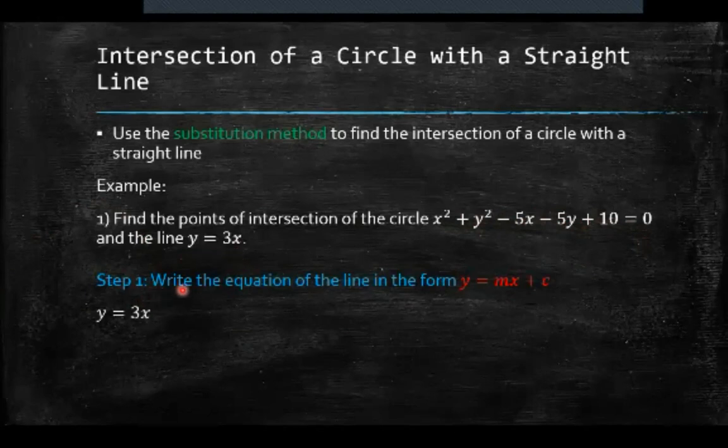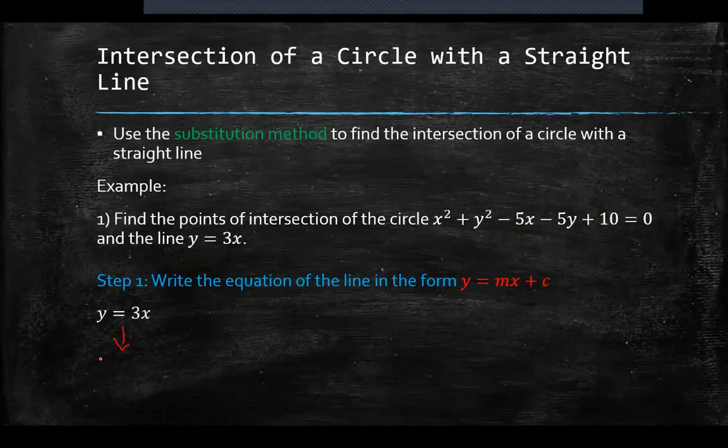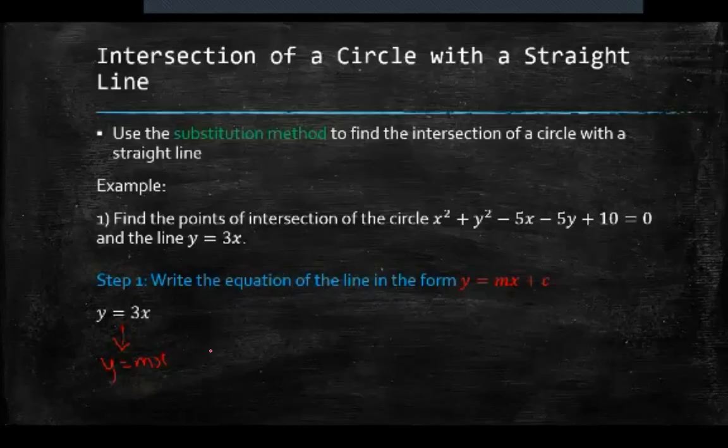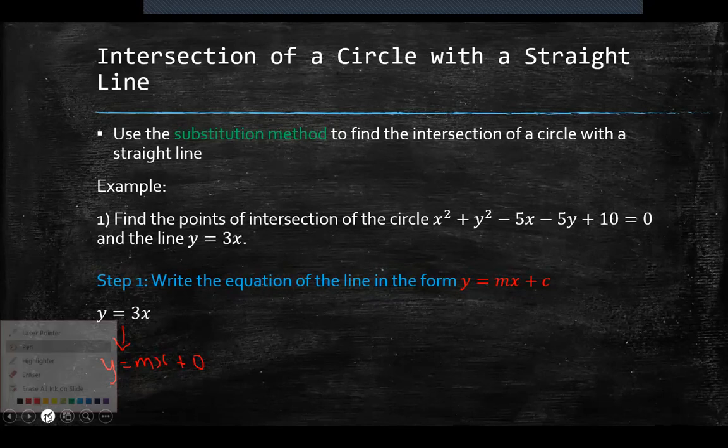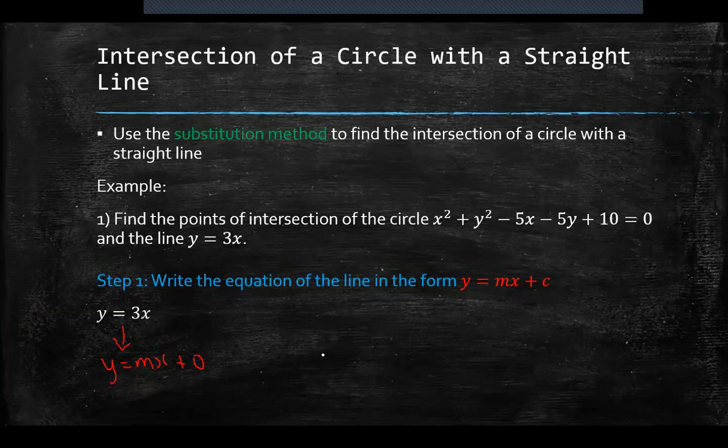So the first thing you want to do is to write the equation of the line in the form y is equal to mx plus c. No need to do that because it's already in that form. This is in the form y is equal to mx, but that just means that the plus c would be equal to 0. Let me use a quick example.